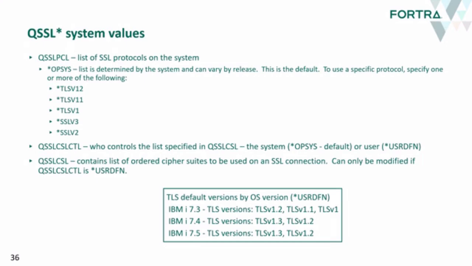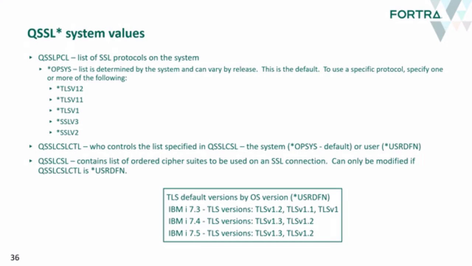You've got TLS 1.3, TLS 1.2, 1.1, and then the deprecated protocols of version 1, SSL v3, and SSL v2. If you're at 7.4 or 7.5, the default protocols are going to be TLS 1.3 and TLS 1.2. And the cipher list has been greatly reduced to only those ciphers that are supported.